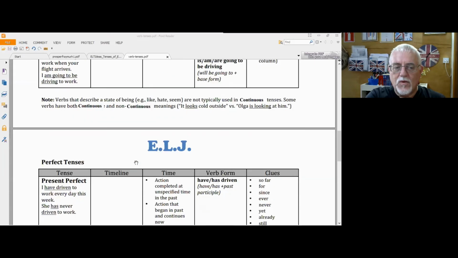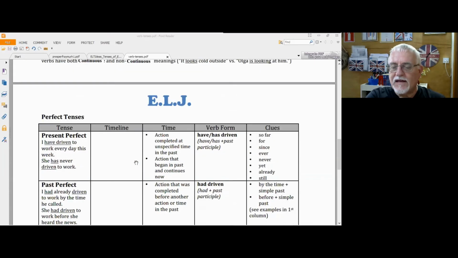And then we come on to the perfect tenses, and these can be a little confusing to students when they first come across them. I tend not to teach this until the end of the elementary classes in my school.